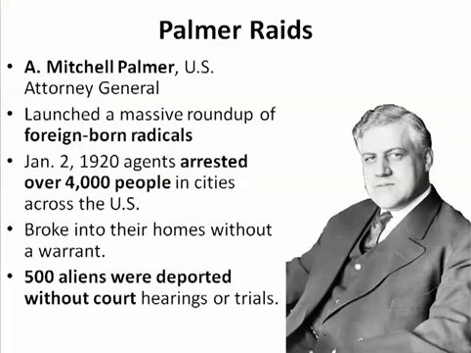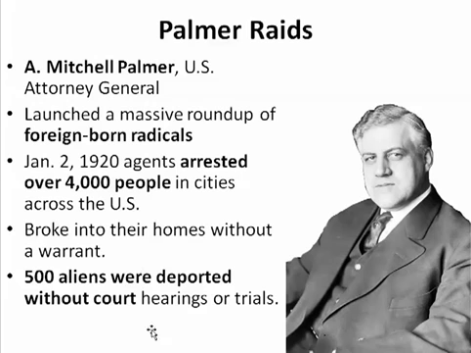Anyway, this all comes to a head on January 2nd, 1920, when the Attorney General, A. Mitchell Palmer, busts into people's offices and homes and arrests over 4,000 foreign-born radicals without warrants. And even 500 of them, aliens, he deports back to their home country without a court hearing, without a trial, without due process.